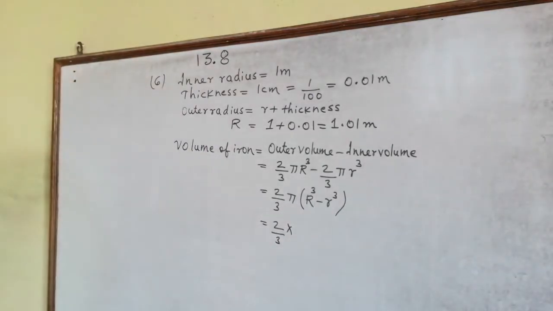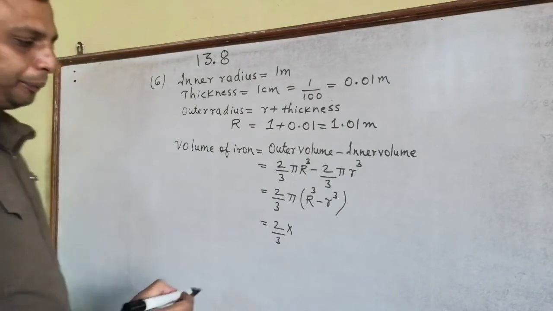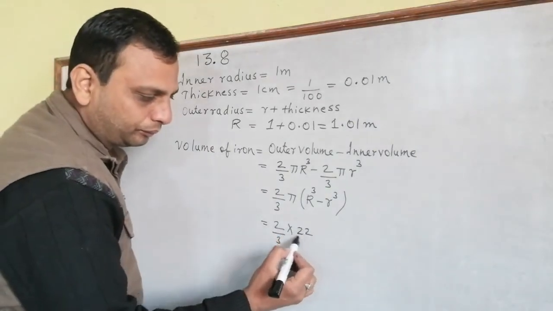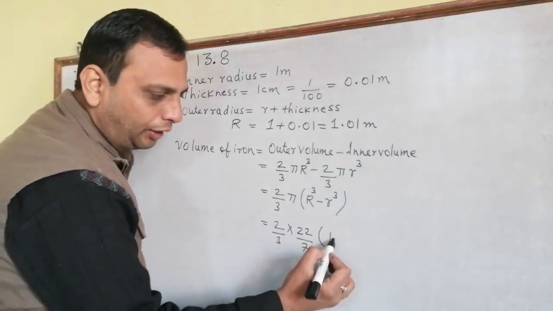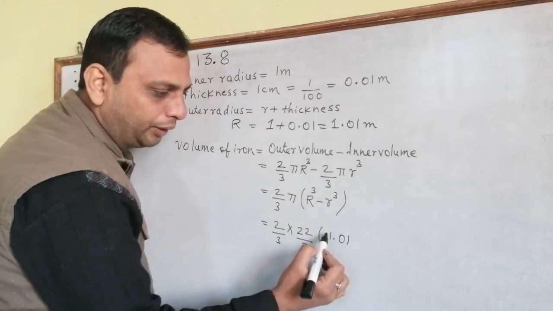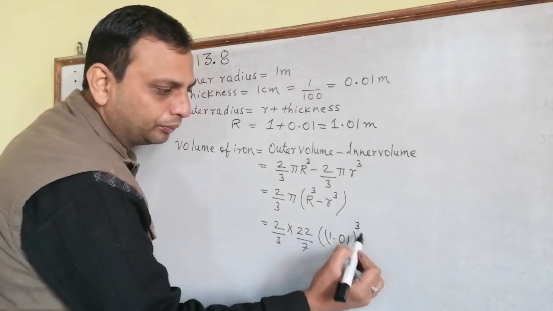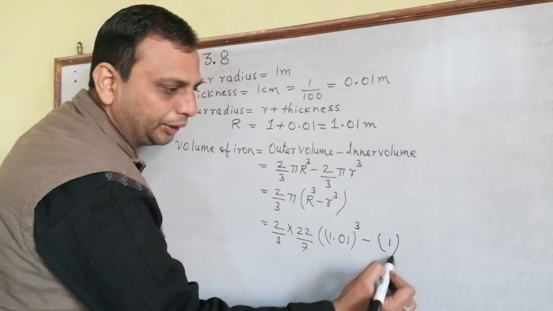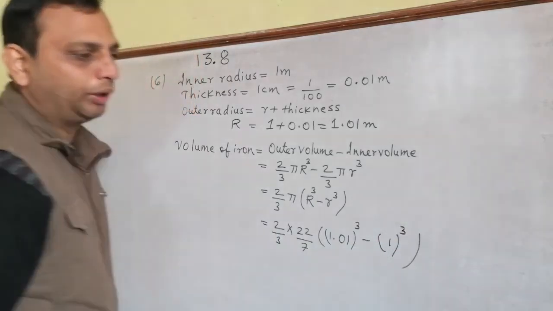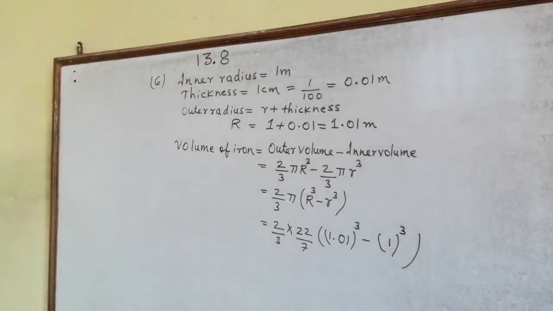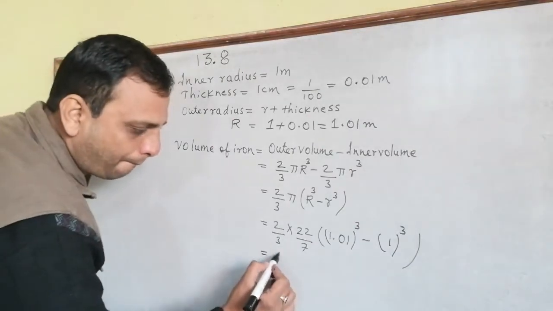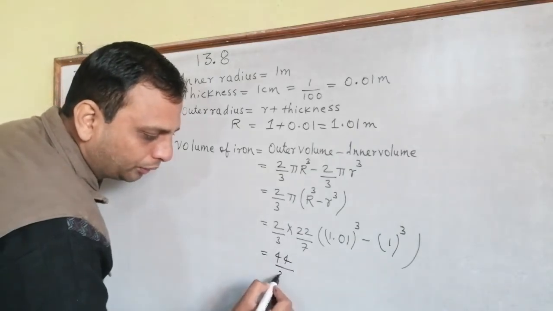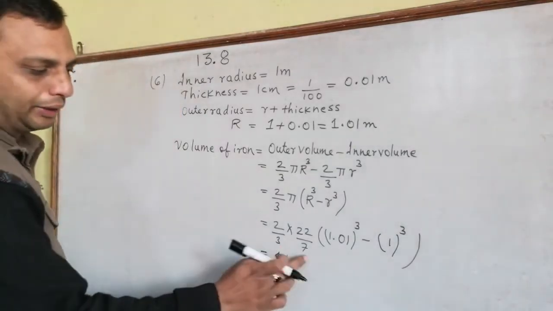Now the pi value 22/7 we have to put. And the outer radius is 1.01 cube, and here the 1 cube. So 1 cube is obviously 1. Now we have to find 44/7 is 44/21. 44/21, 3 into 7, 21.